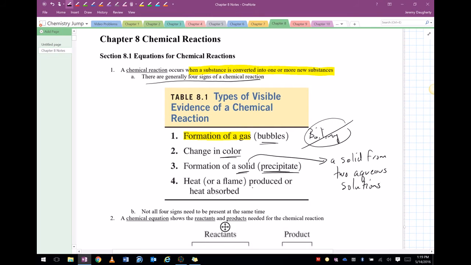So if heat is given off, which is produced, you're going to feel the reaction get hot. And if heat is absorbed, you're going to feel the reaction get cold. And we'll have some very specific sections on that, and then we'll cover it again in AP. So you'll be very familiar with that.